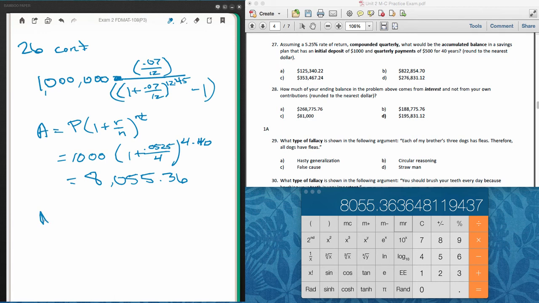So we're also looking for the amount of the payments times that 1 plus R over N to the NT minus 1, all over R divided by N. Our payments in this case are $500. Well, I'm sorry, quarterly payments of $500, because we're compounding quarterly, so we put 500 quarterly payments in.